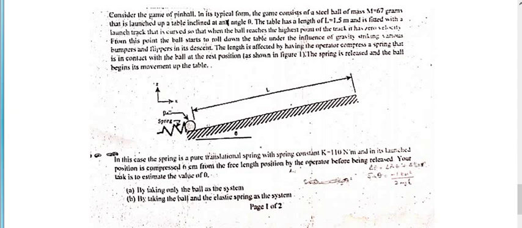In this case the spring is a pure translational spring with a spring constant K equal to 110 Newton per meter, and its launch position is compressed 6 centimeters from the free length position by the operator before the release. Your task is to estimate the value of theta: A, by taking only the ball as a system, and B, by taking the ball and the elastic spring as a system.